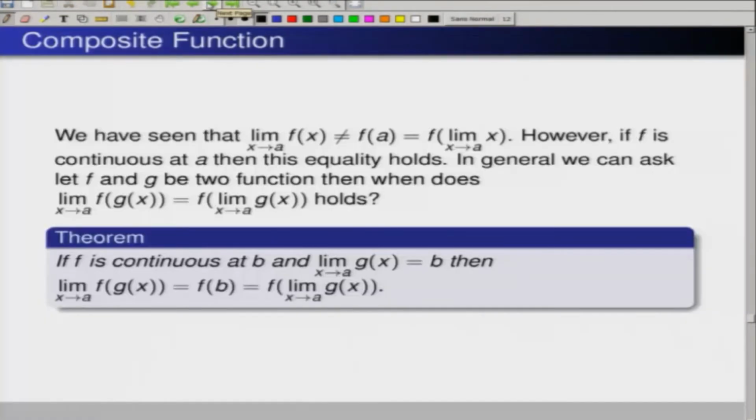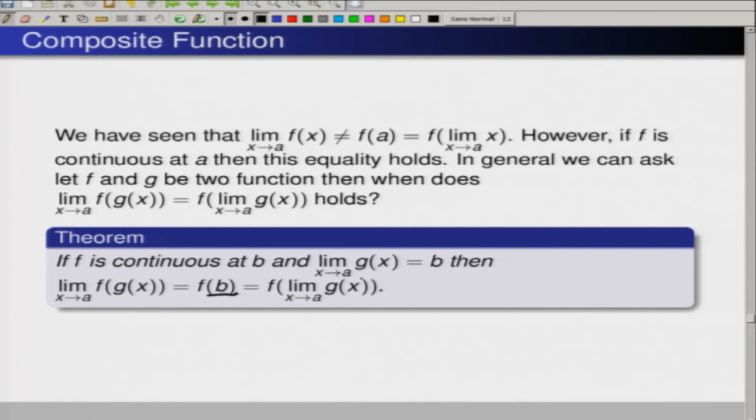Now, one theorem which would be pretty useful for us to answer this question is that if f is continuous at b and limit of g x, x goes to a, is equal to b, then limit of x goes to a, f of g x is equal to f of b, since f is continuous at b, which is again f of the limit of x goes to a of g x.